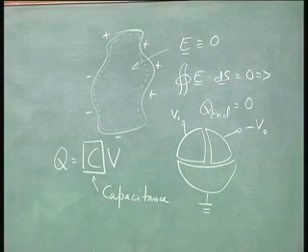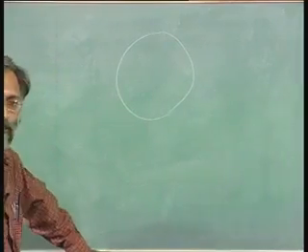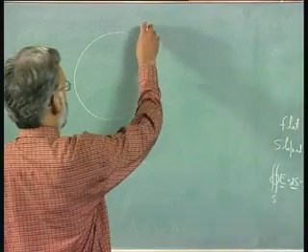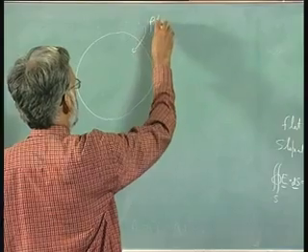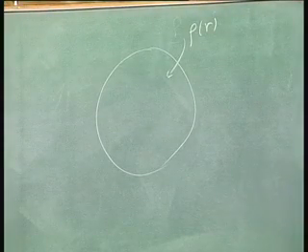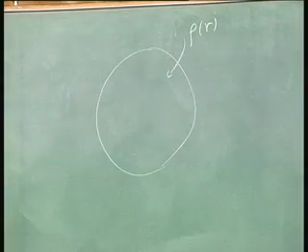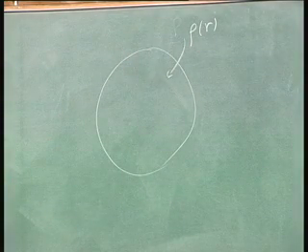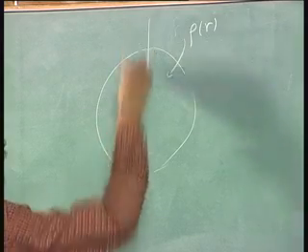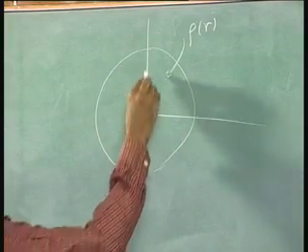Supposing we have a spherical region filled with charge, and you are told that the charge is a function of radius only. It does not depend on theta, it does not depend on psi, it is radial. And you are told that the electric field inside this material is constant.